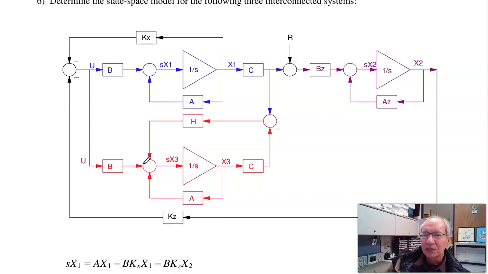If I did this in feedback form, here's the first system, second system, third system. This is actually a plant observer servo compensator, so that's what we'll be doing later.